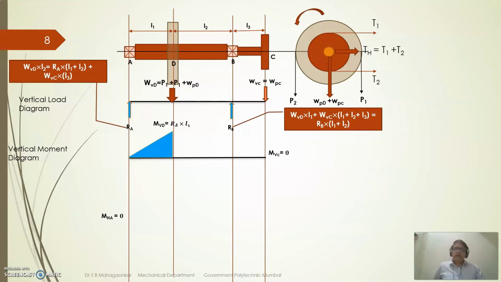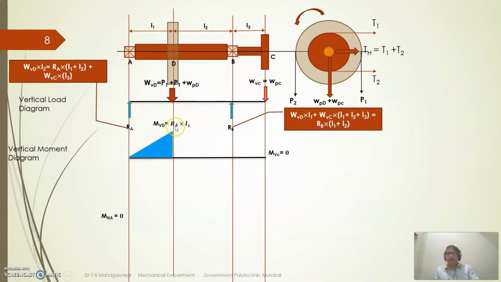So whenever you draw the resultant moment diagram, it is the vertical moment square plus the horizontal moment square, under root of that. That will give the point MR at D. MR at D is nothing but the square root of MVD square plus MHD square, where V is for vertical and H for horizontal. So do not get confused over here.